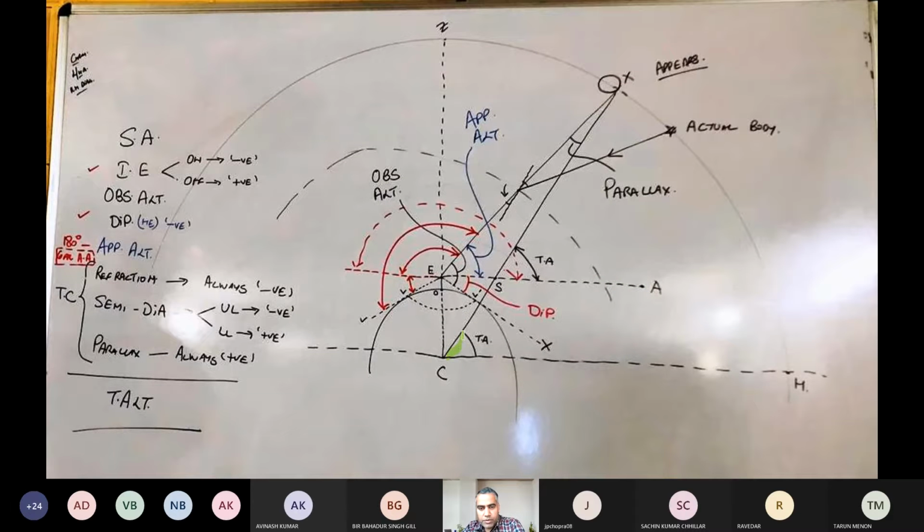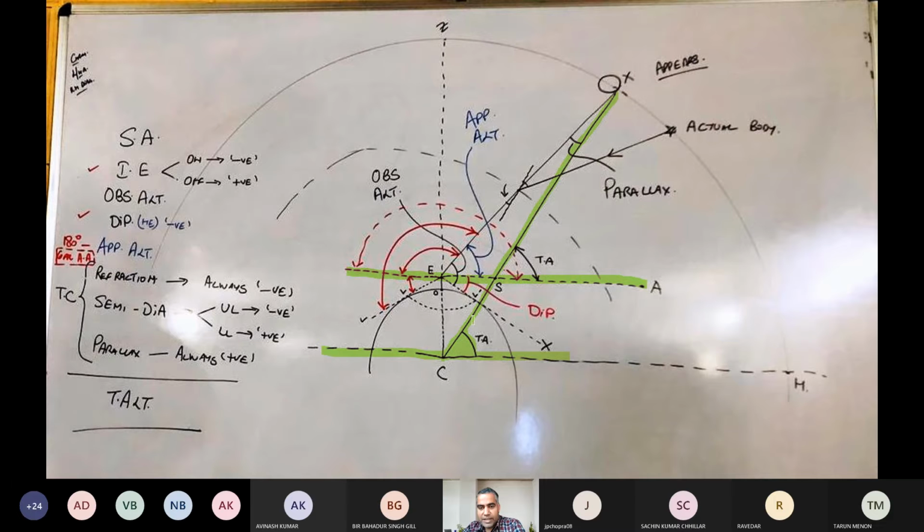See, we know the true altitude of the body is here at the center of the earth. This is the true altitude. And we also know that rational horizon and sensible horizon are parallel to each other. Now, if I join a line from center of the earth to the celestial body, CX, this line will cut the sensible horizon at point S, and there is a geometry theorem principle which says that if you cut the parallel lines by a third line, it will cut them at the same angle.